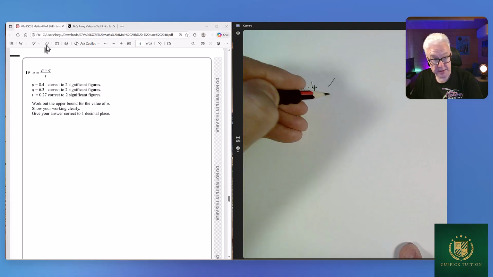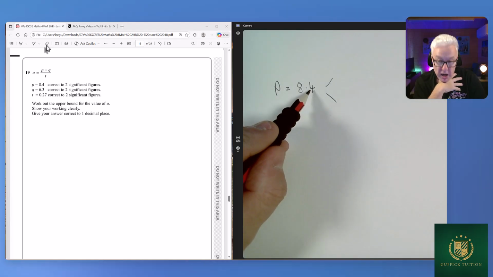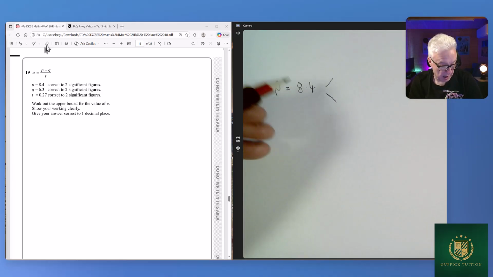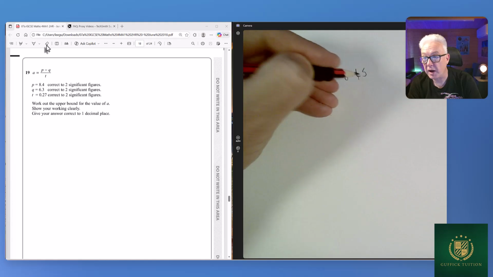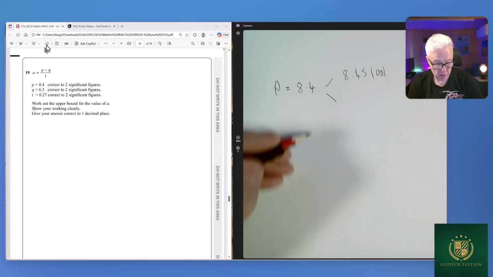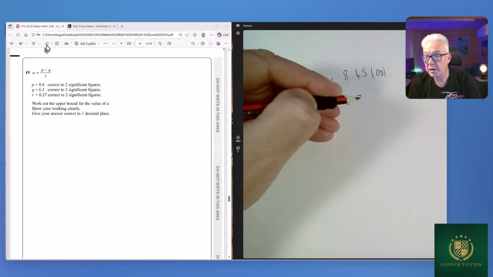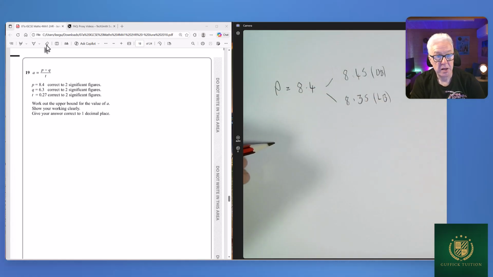It says that it's given to two significant figures, so we're going to think about this figure here, divide that by 2, and add it on to get our upper bound. So our upper bound is going to be 8.45. I'll put UB for upper bound. Our lower bound is going to be 8.35. So that's our lower bound for P.